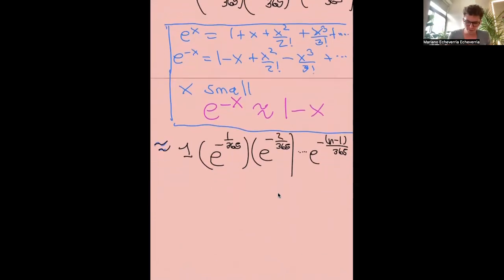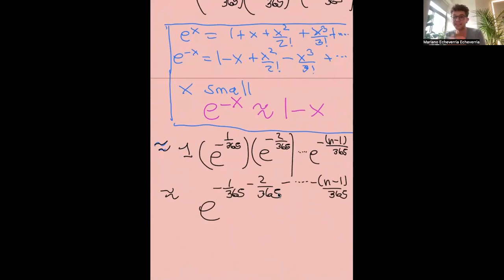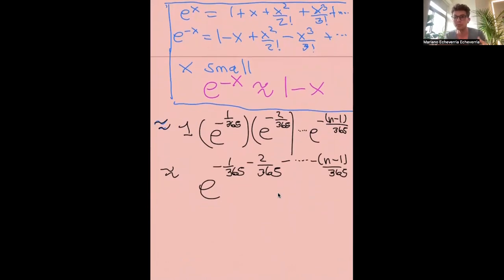So it's e to the minus 1 over 365 minus 2 over 365 minus and so on, minus n minus 1 over 365. You notice that the 365 is the same in all the fractions, and there's an overall minus sign that you can also factorize. So it's e to the minus 1 over 365, times 1 plus 2 plus and so on, plus n minus 1.